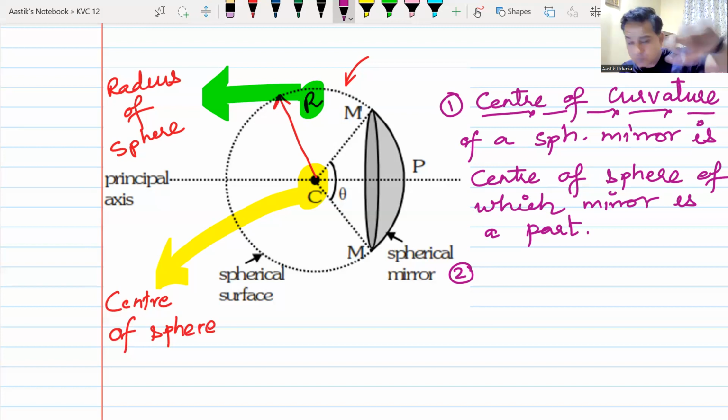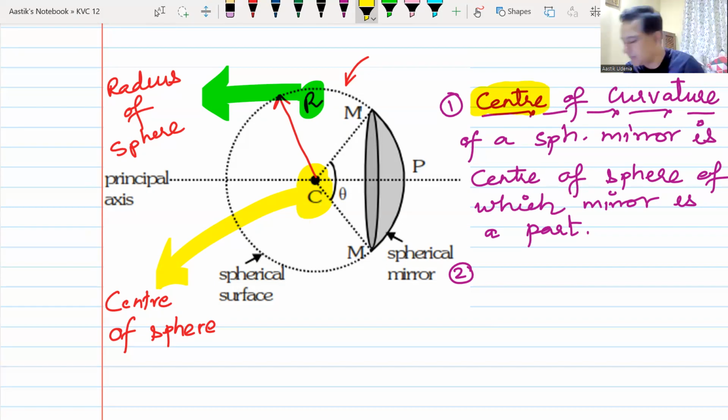Yes, sir. These are the two first definitions that you will write. You will also write by which letter we are going to denote these places. The center of curvature will always be denoted by the letter C, unless otherwise stated.